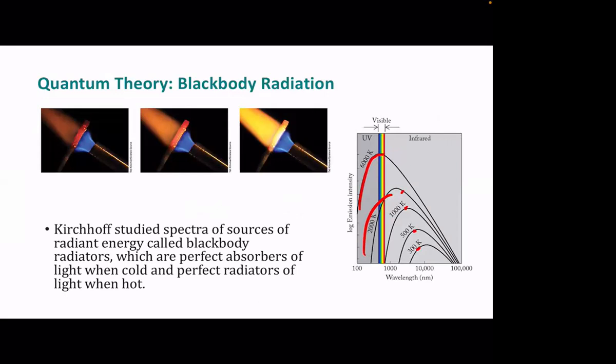Classical physics would have said that if I have matter and I shine electromagnetic radiation on it, it will keep absorbing and absorbing, increasing in temperature, and increasing in temperature. Planck comes along and says, no, based on what we're seeing here, that's not what's happening.